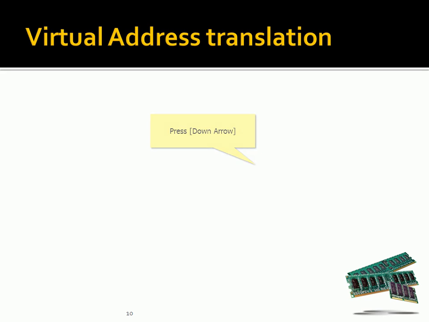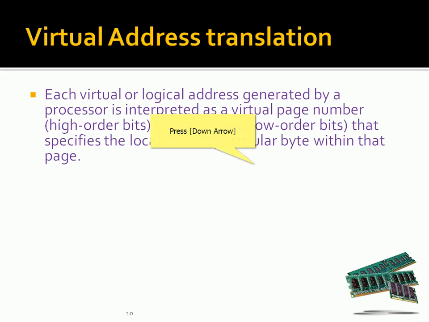Having understood these concepts, each virtual or logical address created by the processor is understood as a virtual page number, right? The address generated from the processor reaches the memory management unit before going to the actual location of either the cache or main memory.